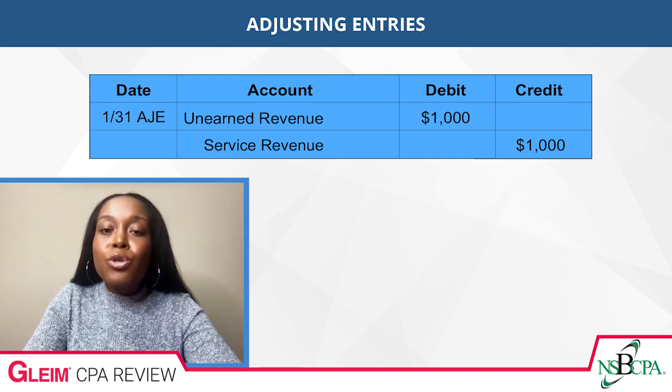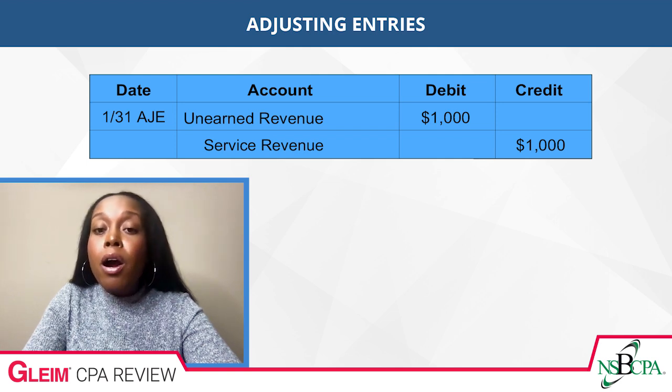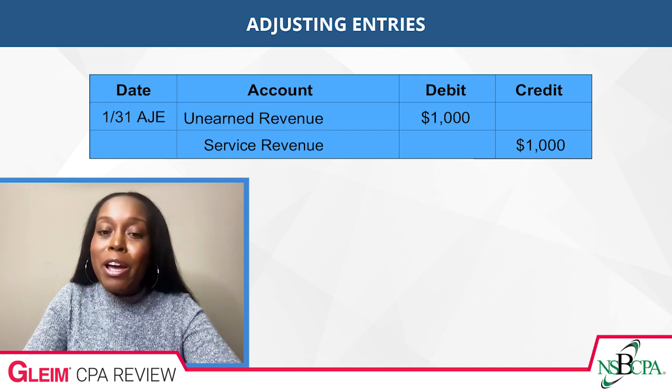The debit is to unearned revenue to show the decrease in our liability. The $1,000 of services we performed is now earned, and it can be recorded to the service revenue account. I hope this example really helped, as this is usually the most missed question on my class exam.